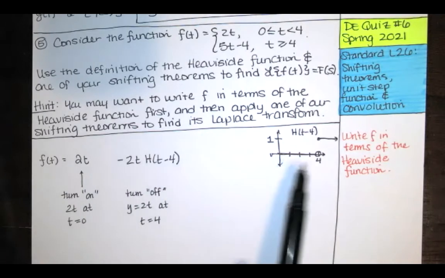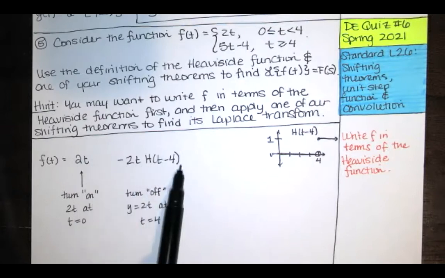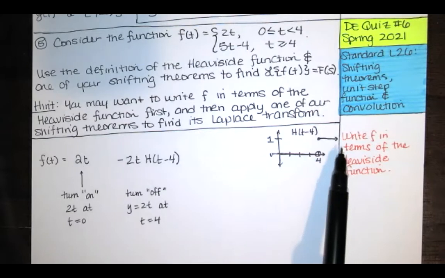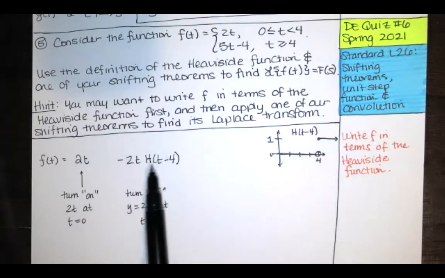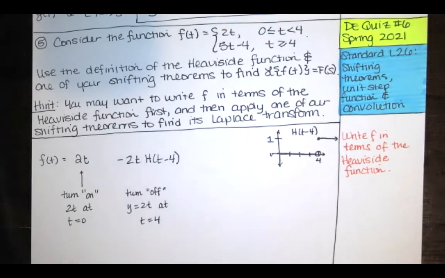So on the interval from 0 to 4, it's 0. So this would be 2t minus 2t times 0, or just 2t. But then on the interval from 4 to infinity, this Heaviside function is 1. So it would be 2t minus 2t times 1. Since we're subtracting it, the 2t minus the 2t gives us 0. So it's effectively turning off that y equals 2t function at t equals 4.